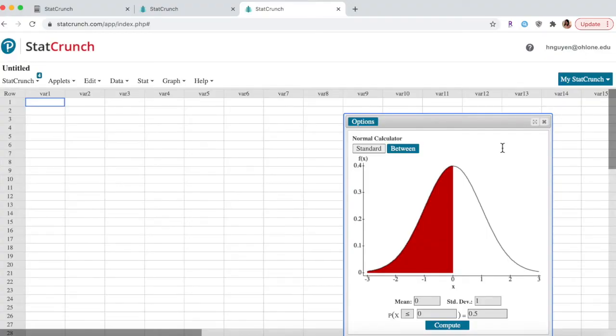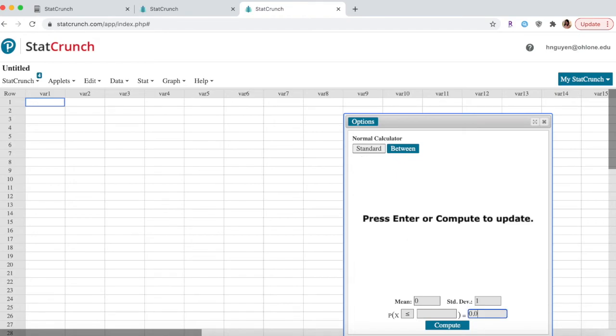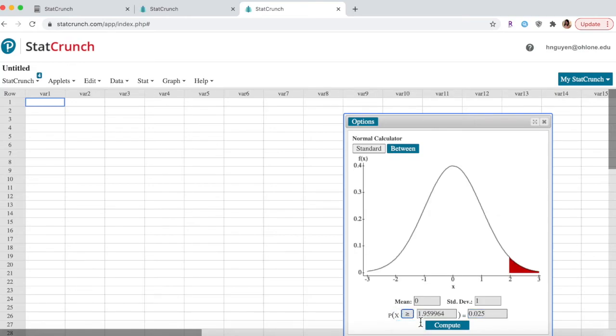In this example, instead of finding the probability, you are trying to find this number in this box right here. So my mean is still 0, my standard deviation is still 1, my probability is 0.025, and I want it to be greater than in here. My z-score is 1.959964.